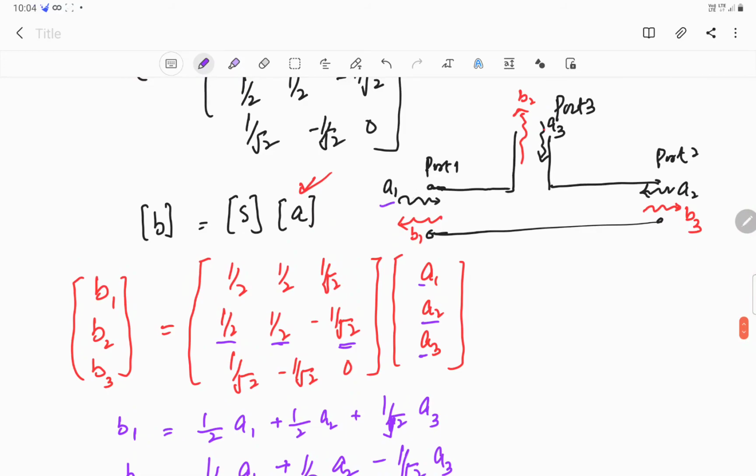The first special case is we have assumed A1 is 0, A2 is 0, and A3 is not 0. This means we are feeding a signal at port 3, and we are not feeding signals at ports 1 and 2. So let us see what happens. We are feeding a signal, as I said, at port 3. That's what A3 not equal to 0 means.